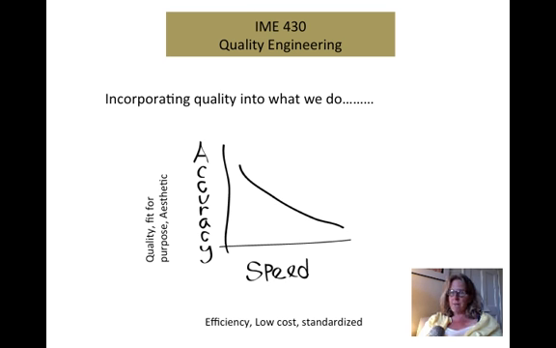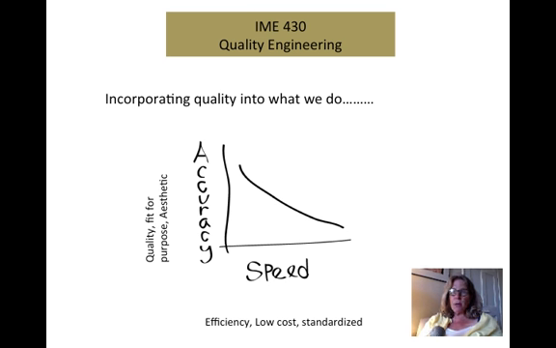But there's a trade-off associated with the quality or the fit for purpose or the aesthetics of something. So in this class, we're really going to be looking at that vertical axis associated with quality, or some sort of qualitative trade-off that we make when we make things quicker and cheaper. So that's what we're going to be doing in this class.